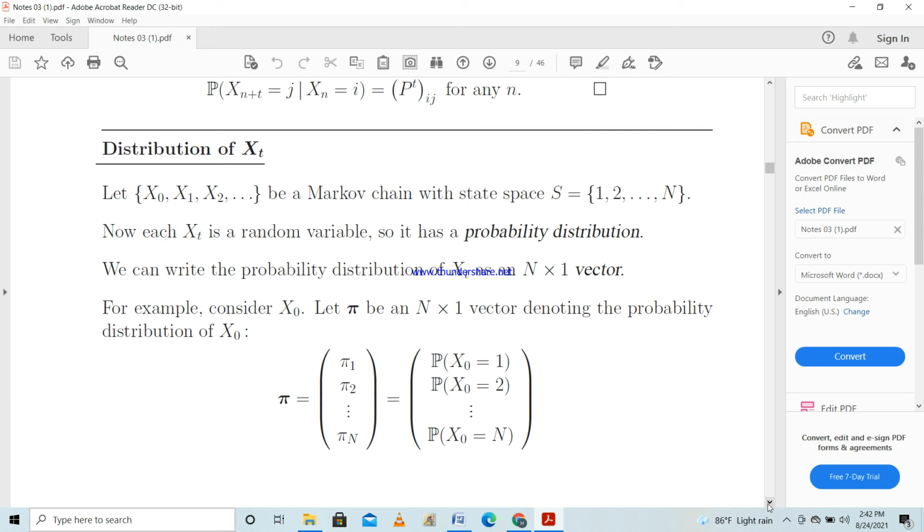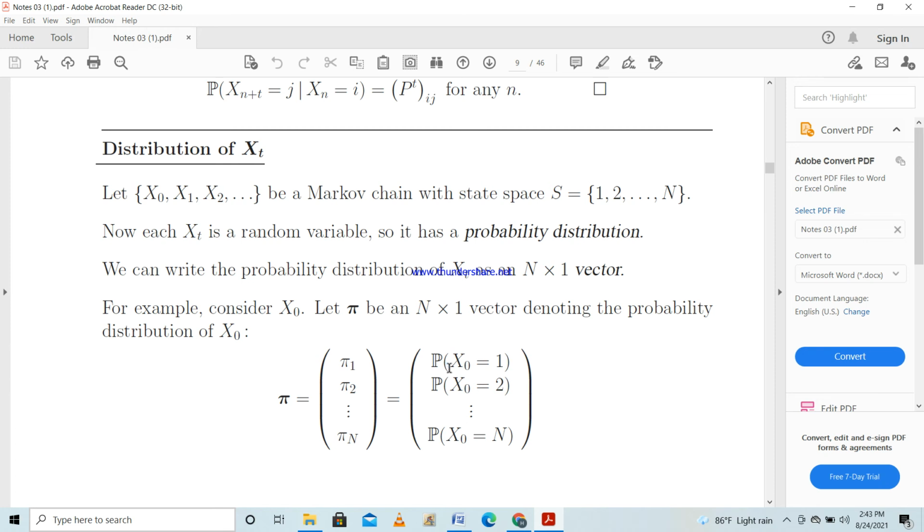We can write the probability distribution of X_t as a column vector, an n by 1 vector. For example, if you take X0, when time equal to 0, and this Markov chain has n number of states, there is a probability of being at any given state. We can be at state 1, 2, 3, 4, and likewise there is a probability for each.